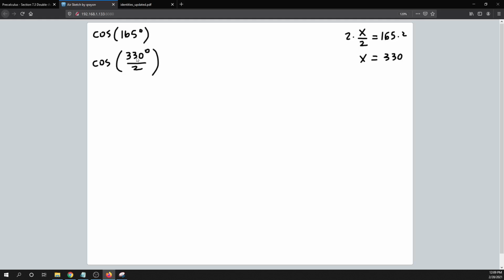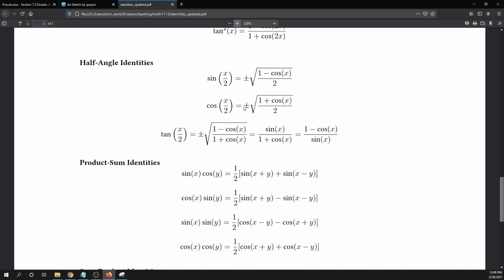Now that I've written this as 330 over 2, that matches the form of the half angle formulas. And so I can rewrite this using this identity right here.